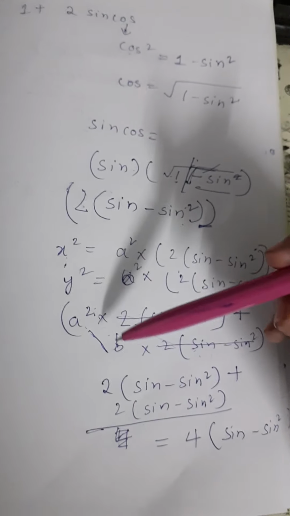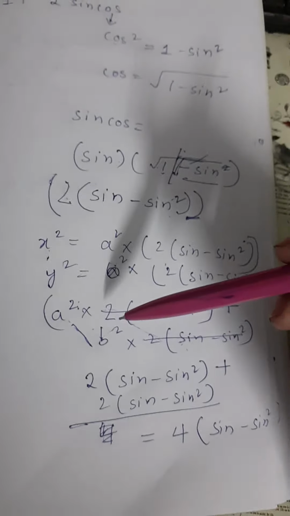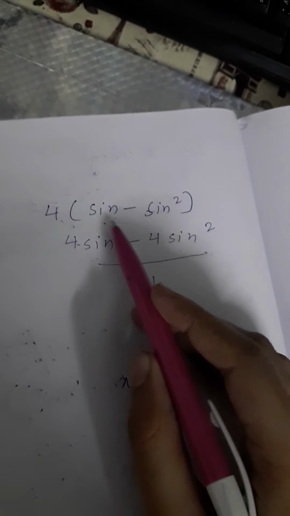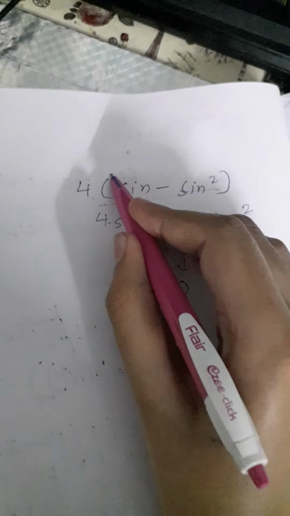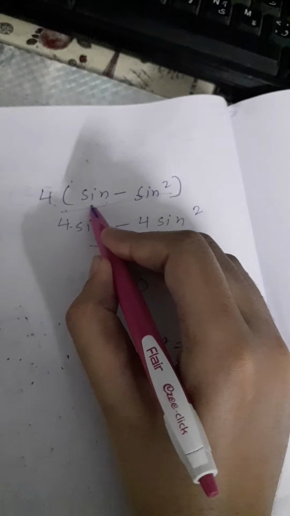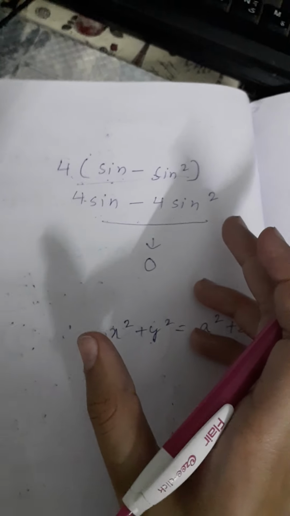So that's why we can also say here that x squared equals a squared, because here we see that 4 into (sine minus sine squared) equals 0, right? So obviously we can see that. Now see, there is one more thing we need to know, that this is (2 sine minus sine squared) into 2, right? That is basically 2 sine minus sine squared plus 2 sine minus sine squared, so this is the sum of these both.